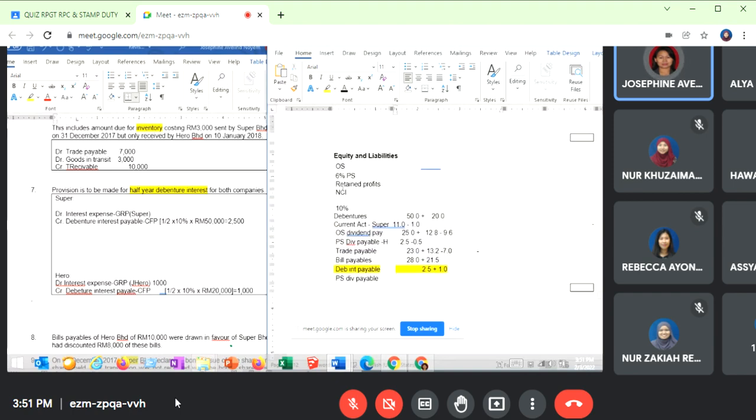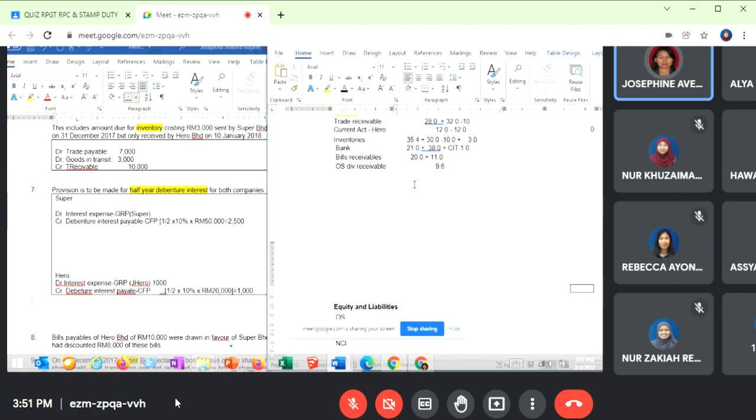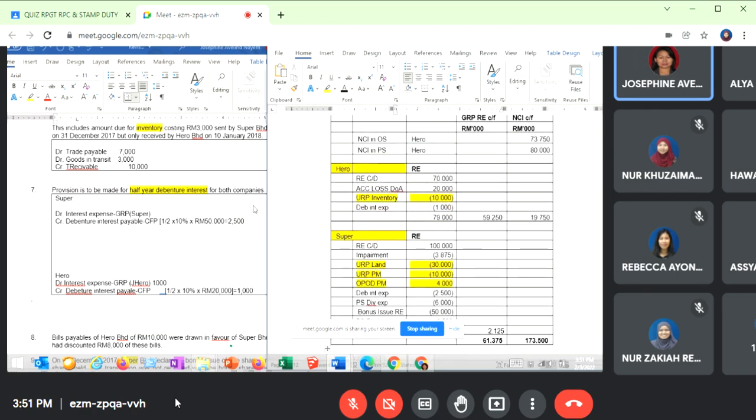And then we go to the retained earnings, and this is where we need to refer to the schedule. So we look at Super. There is a debit to the retained profit of Super. Debit. See here, minus. And then we go to Hero. For Hero, there is also a minus for its debenture interest of 1,000.